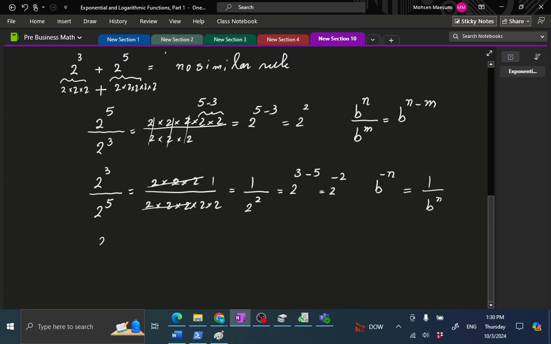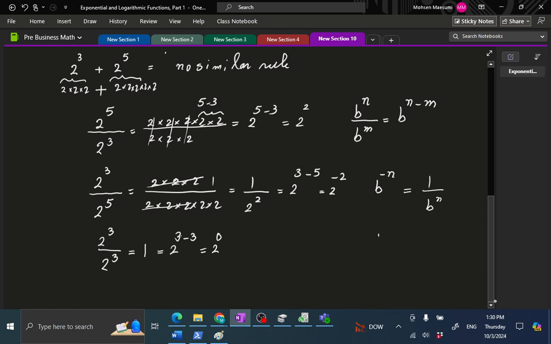Another example, what if I had 2 cubed over 2 cubed? Well, these two numbers, whatever they are, are the same, and if you're dividing them, you just get 1. On the other hand, if you apply this rule, you have the exponent of the numerator minus the exponent of the denominator, and the exponent is going to be 0.